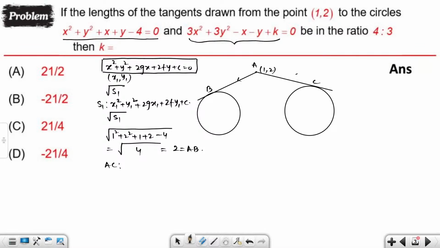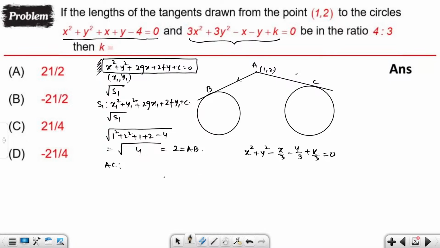So here you cannot directly put the value to get the power of the point unless it is of this form. So what I have to do first is write the given equation this way: x square plus y square minus x over 3 minus y over 3 plus k by 3 equals 0. So I have divided both sides by 3.